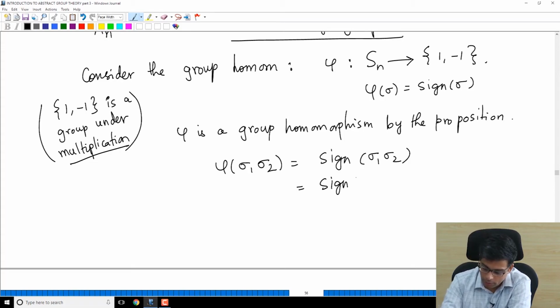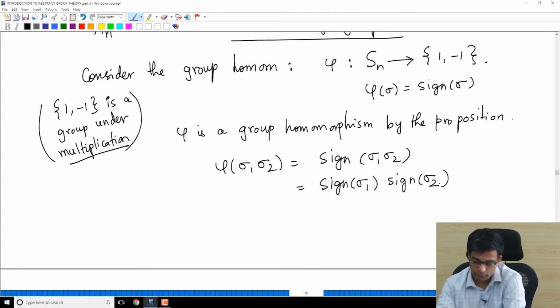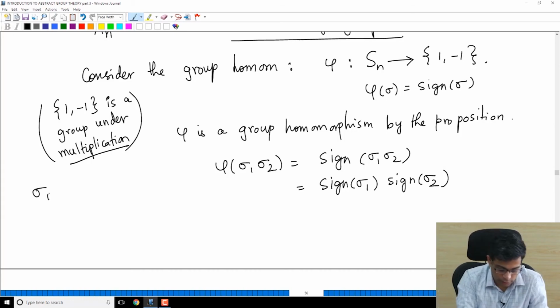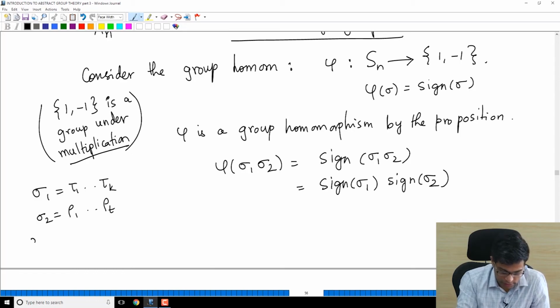But by the same idea that we used in the proposition, we can first write sigma 1 as a product of transpositions and then write sigma 2 as a product of transpositions, and put them together. If sigma 1 is tau 1 up to tau k, and sigma 2 is rho 1 up to rho t, then sigma 1 sigma 2 was the product of all of them.